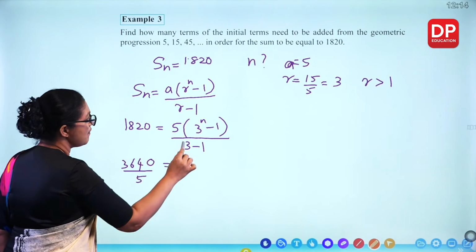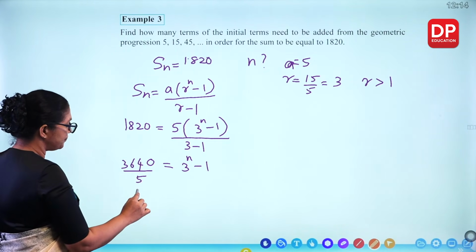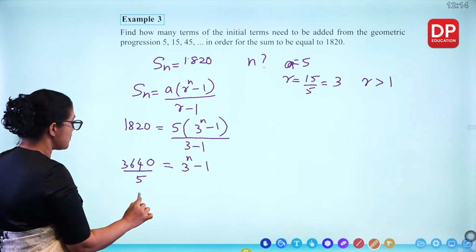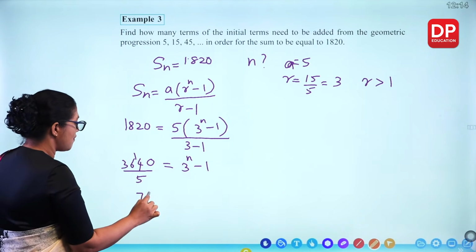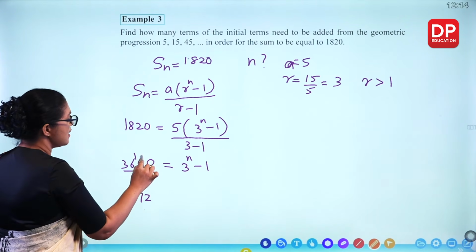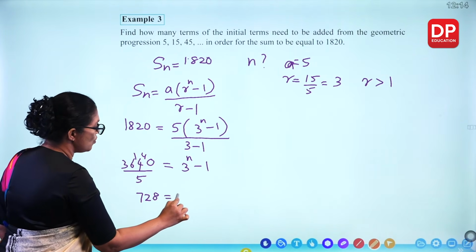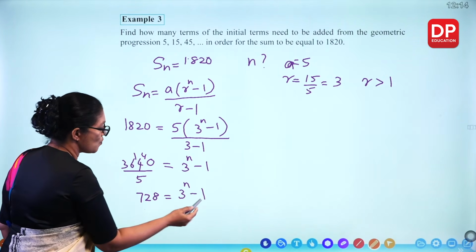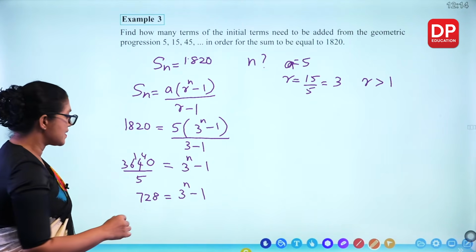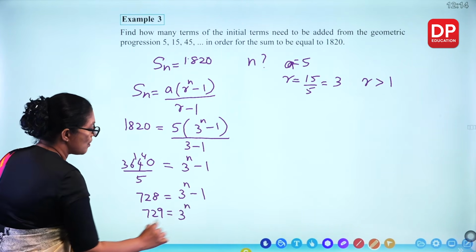Divide by 5: 3 to the power n minus 1 equals 728. When you take minus 1 to the other side, 729 equals 3 to the power n.